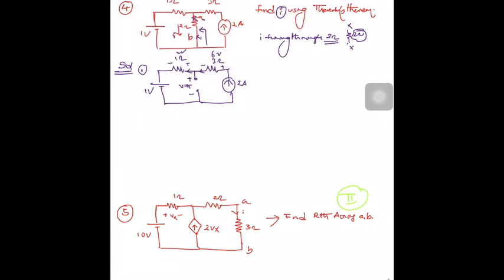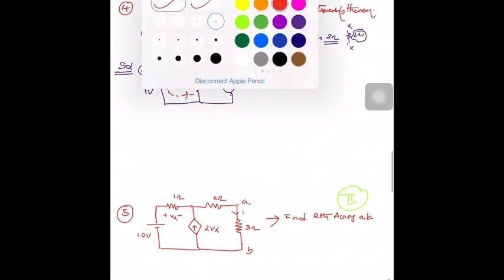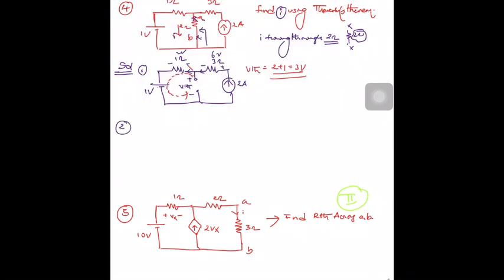So by KVL, VTH is equal to plus 2 plus 1 volt. So VTH is equal to 3 volts. So now step 2, suppress the voltage source, short circuit.